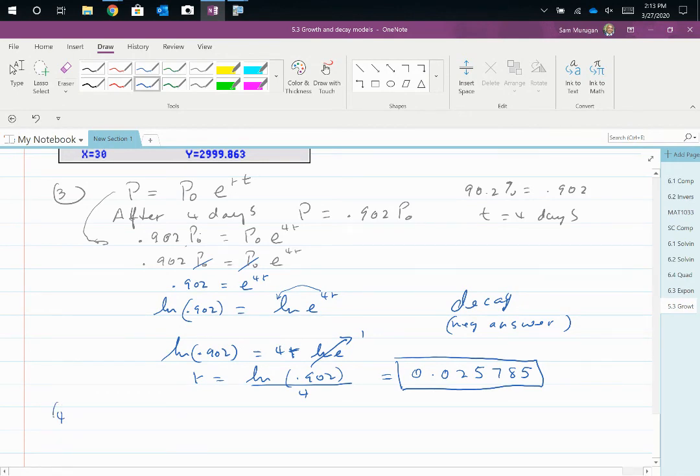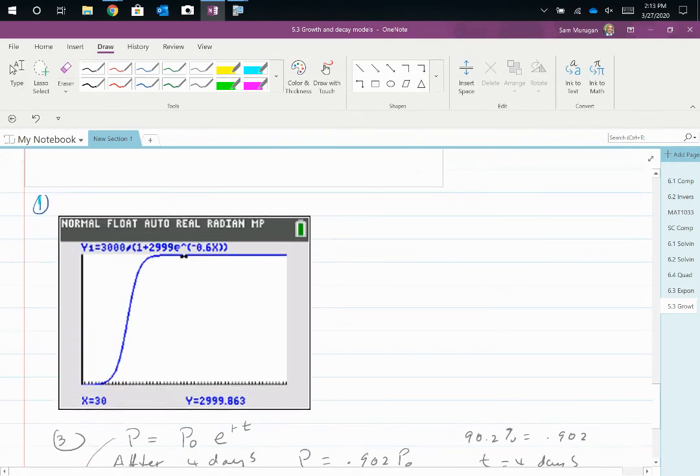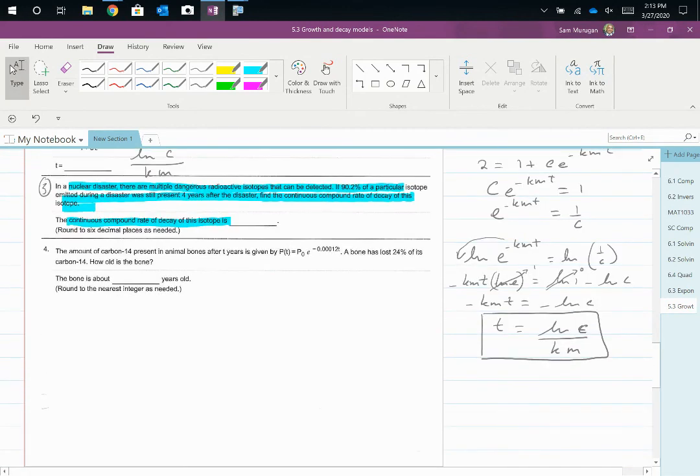And finally, question 4. The amount of carbon-14 present in animal bones is given by this exponential decay equation. A bone has lost 24% of its carbon-14. How old is the bone?